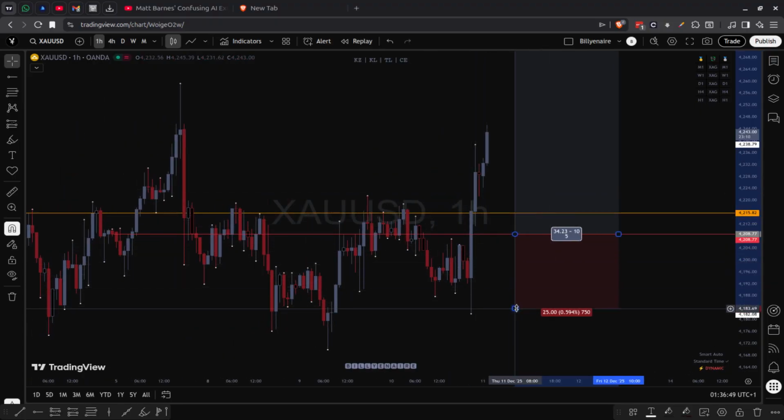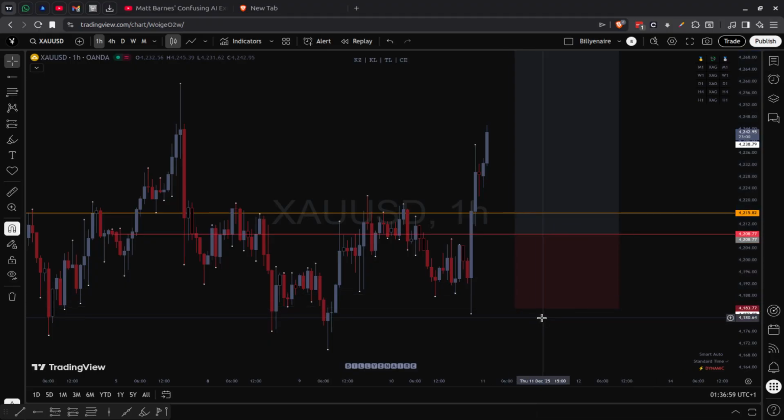If price comes all the way back up to here, even though I didn't put my stop loss below the low, if price pulls back this deep, I think I'm going to want to be out of the trade, because I do not expect price to come this deep. Even coming here to my entry is like I'm pushing it. But because this candle and this whole price action is kind of elongated, I have to have a huge stop.